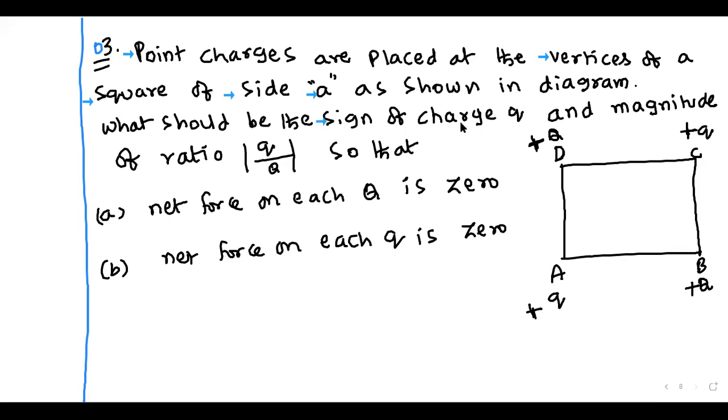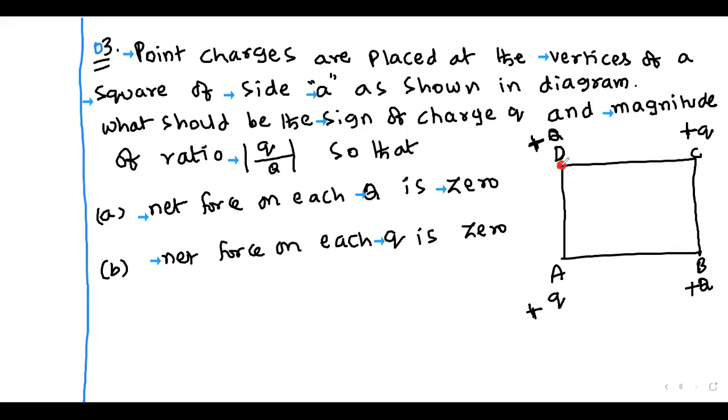What will be the sign of small q and the magnitude of the ratio, so that the net force on capital Q is 0. Similarly, net force on each small q is 0. Whenever they say that net force on capital Q is 0, here what I will do is, at capital Q, at the vertices B and D, they placed it.